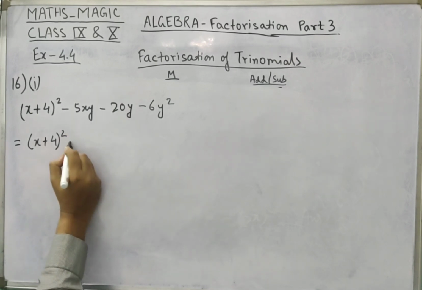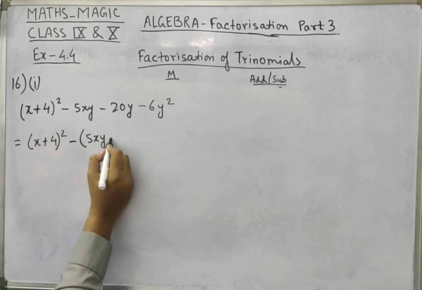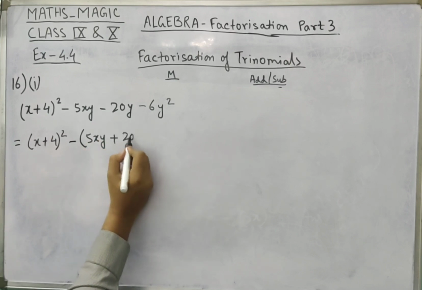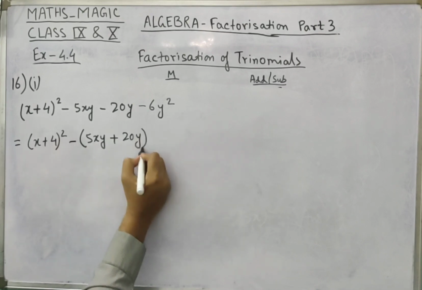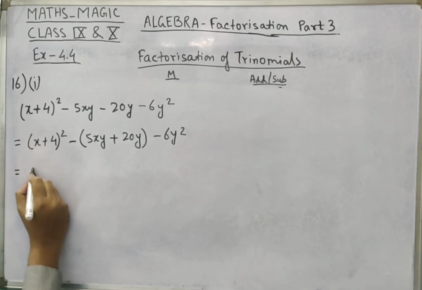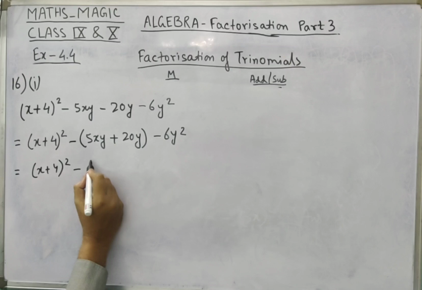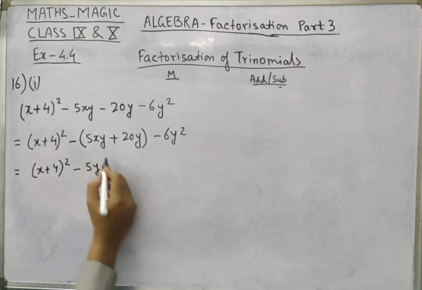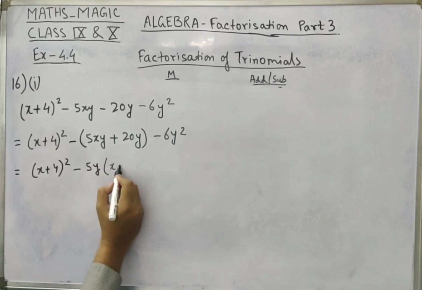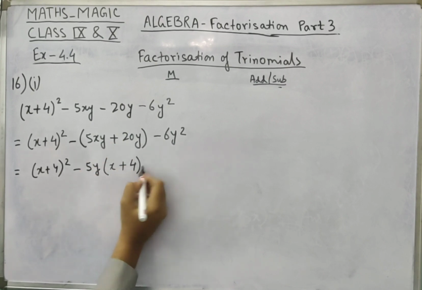These two I will take in one group. Sign change, since I've taken minus outside the bracket. Now here we have 5y common, so I'll be left with x plus 20y divided by 5y, 4.